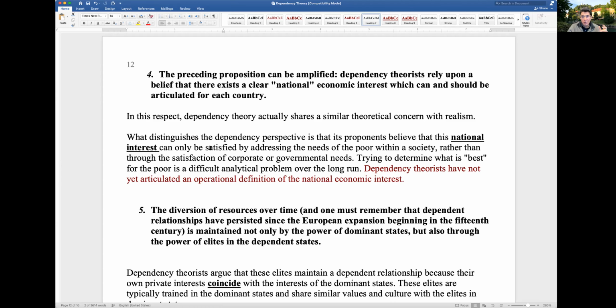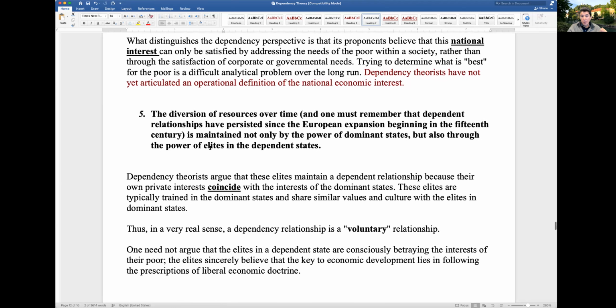Well, labor is Mexican for sure. So the definition of what a nation is is very different from what it used to be centuries ago, right? So anyway, let me move on to number 5.